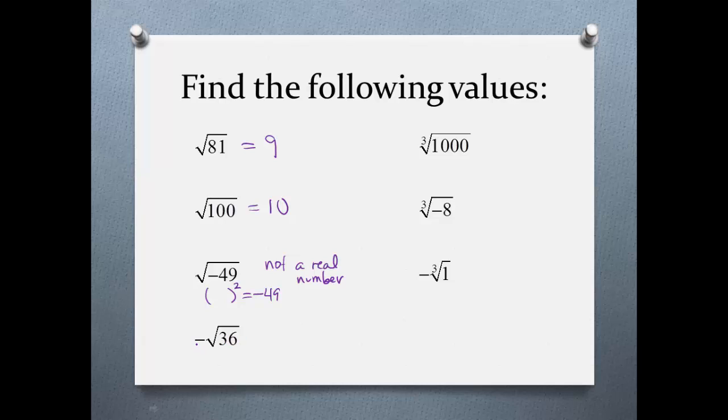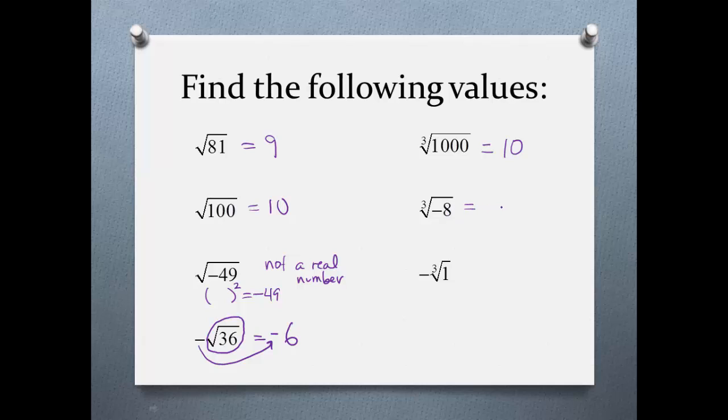And in this problem, when the negative is outside of the radical sign, that's actually asking you to do a 2-step process. First, figure out what the principal root of 36 is. The principal square root of 36 is 6, and then take the opposite of that. So this negative sign just comes over. For cube roots, cube root of 1000, the only way to get a positive number when you cube it is to start with a positive, and 10 times 10 times 10 is 1000, so that's positive 10.